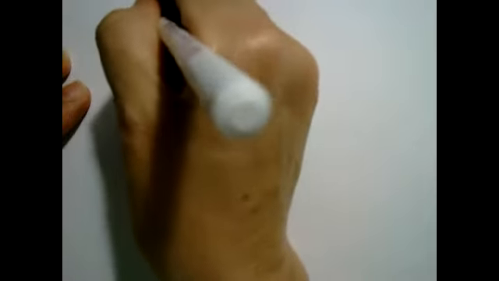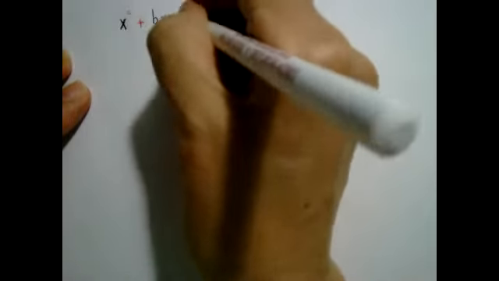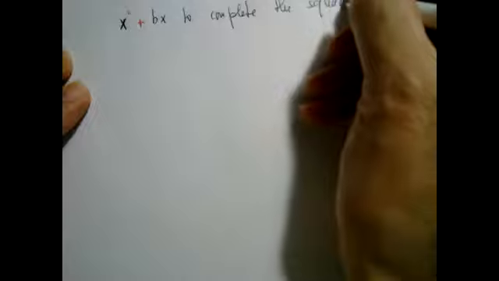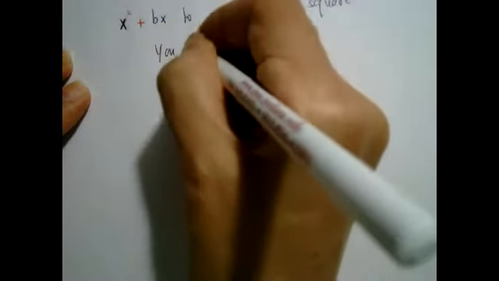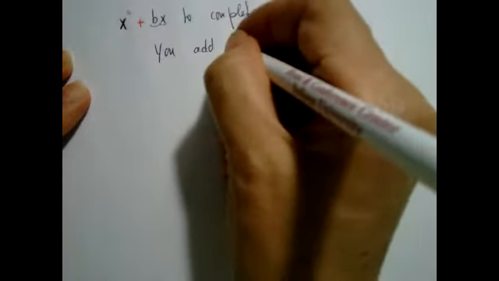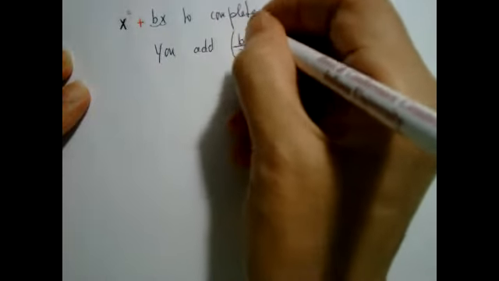So let us see the rule for completing the square. Suppose I have something like x squared plus bx. To complete the square, you add, this is the algorithm, what x is multiplied by, which is b over 2, squared.